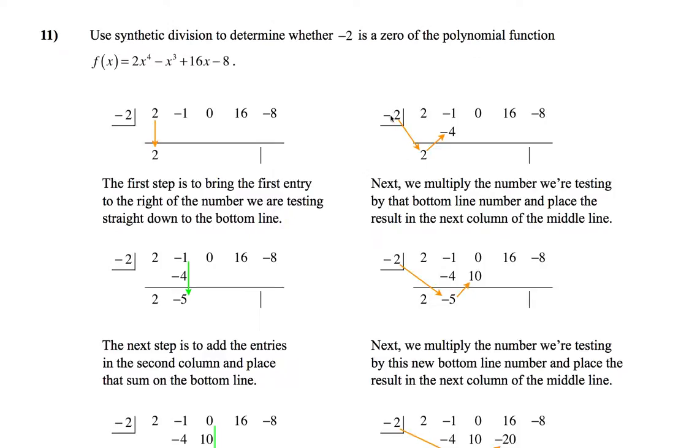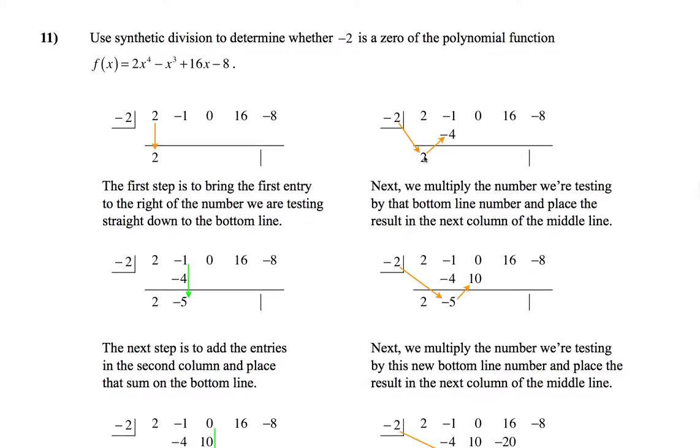Next, we multiply the number we're testing times that first entry on the bottom line, and then put it above the summation line in the next column below the next coefficient in line. Then we add that column and put the result on the bottom line below this summation line.